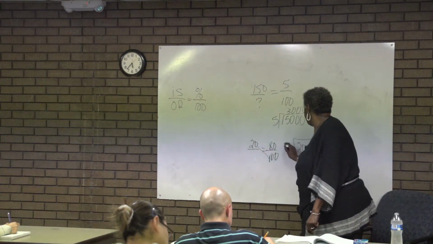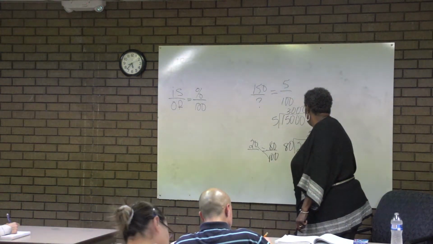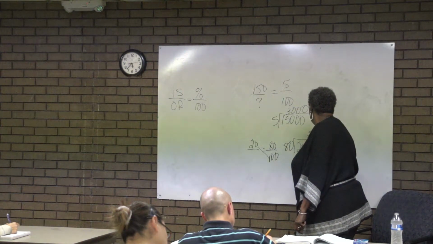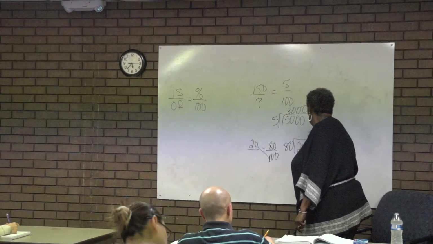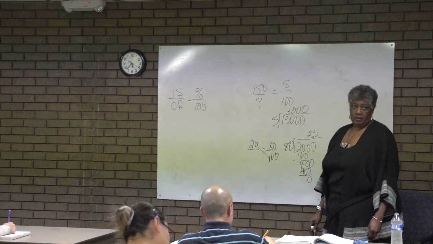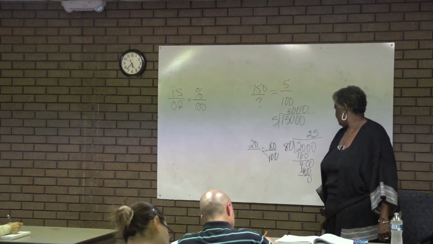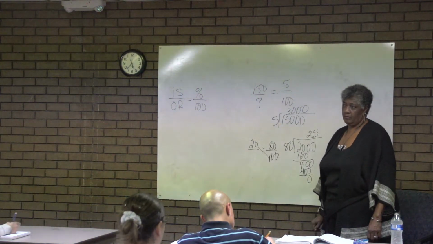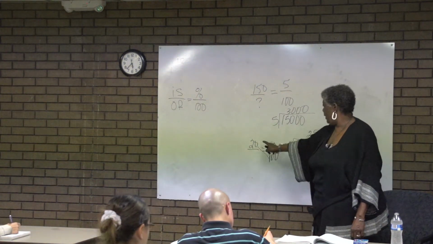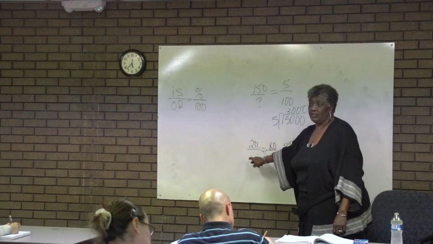Somebody tell me what that is. Work it and see if you come out with the same. See? So 20 is 80% of 25.